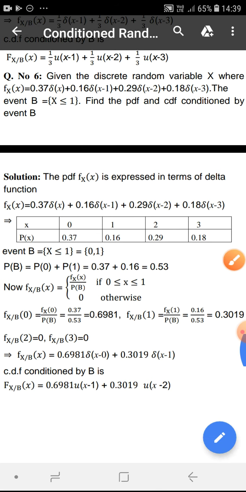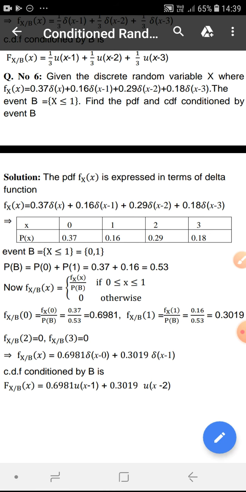So the probability of B is P of 0 plus P of 1. Adding the two probabilities we get 0.53. Therefore the conditioned probability density function will be equal to f x of x divided by P of B for x greater than or equal to 0, less than or equal to 1. 2 and 3 are not included, 0 otherwise.